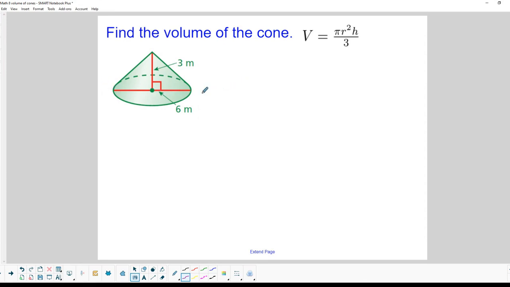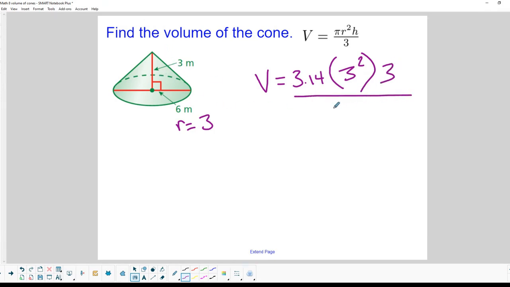All right, this cone's a little wider, a short little cone, but it's got a nice wide base to it. If the diameter is 6, then that means the radius of the base is going to be 3, which is the number we need to use. So the volume of this cone is 3.14 times the radius, 3 squared, times the height, which is 3, all divided by 3. Some of you might notice that I've got a 3 on top and a 3 on the bottom.